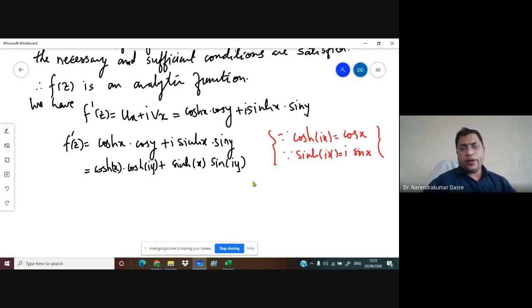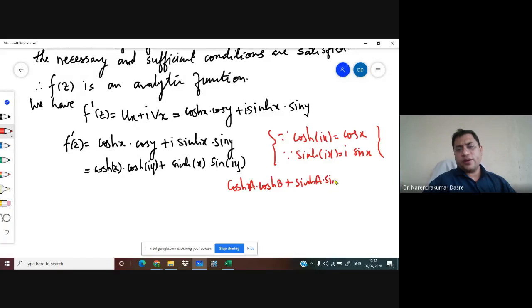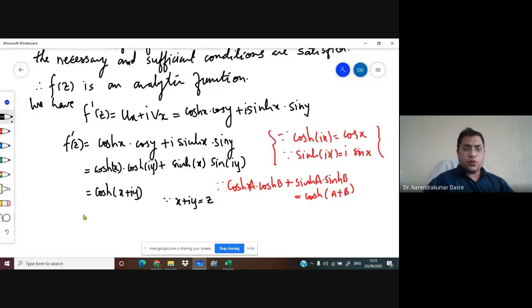Now we have the formula: cos hyperbolic a cos hyperbolic b plus sin hyperbolic a sin hyperbolic b is equal to cos hyperbolic (a plus b). This formula we have seen. If I use this formula, this is cos hyperbolic (x plus iy). Since x plus iy is equal to z, I can write this as cos hyperbolic z.